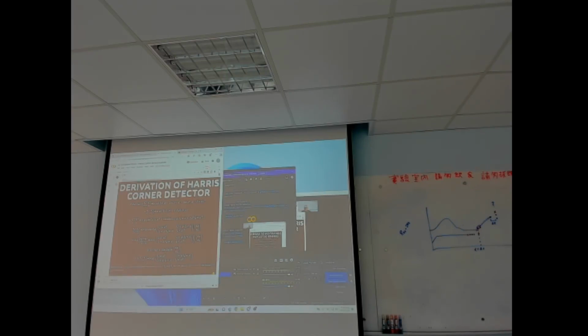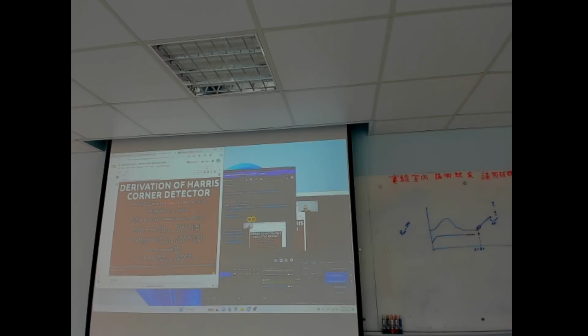Right? So this will be the Taylor expansion up to level 1 for x plus delta x, y plus delta y. Then we subtract that from the known value I, x and y, and square it.